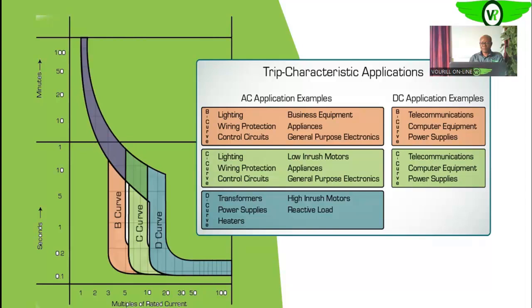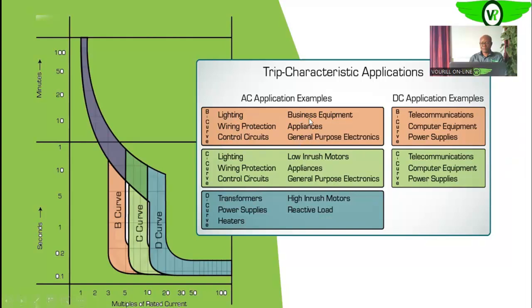So if you look at it, you'll see that breakers that are guided by the B tripping curve are good for lighting, good for wiring protection, that is conductor or cable protection, for your control circuits, business equipment, appliances.